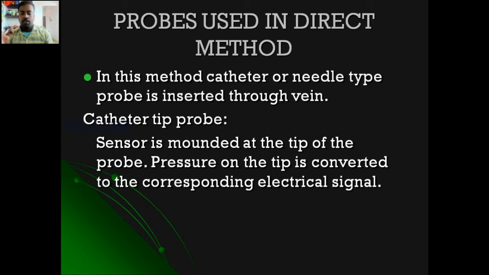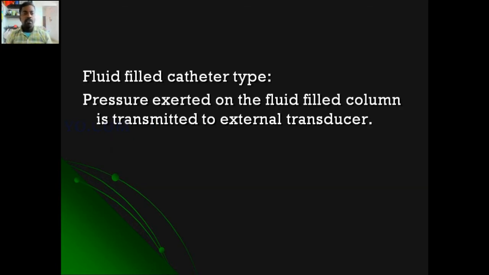It is somewhat painful. The sensor is mounted at the tip of the probe, and the pressure on the tip is converted to the corresponding electrical signal. This is one way. The other method is the fluid filled catheter type. In this type, the tube is filled with fluid. Here there is no sensor at the tip; it is just a tube filled with fluid that is inserted through the vein.